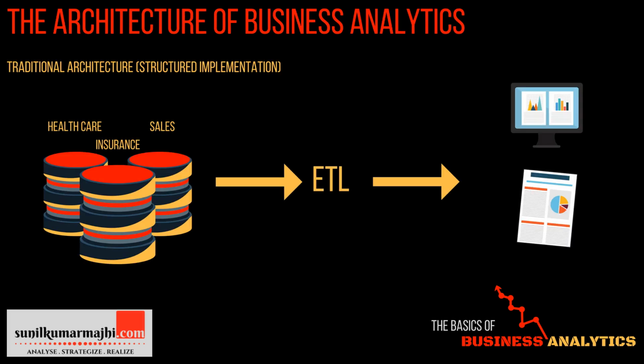Next, let's understand the architectures business analytics has to offer. Essentially, business analytics offers two preliminary architectures. First, traditional architecture and then, big data architecture. The traditional architecture is a more structured approach where the data and information are mostly clean and can easily be extracted, transformed and loaded to gain meaningful business insights.